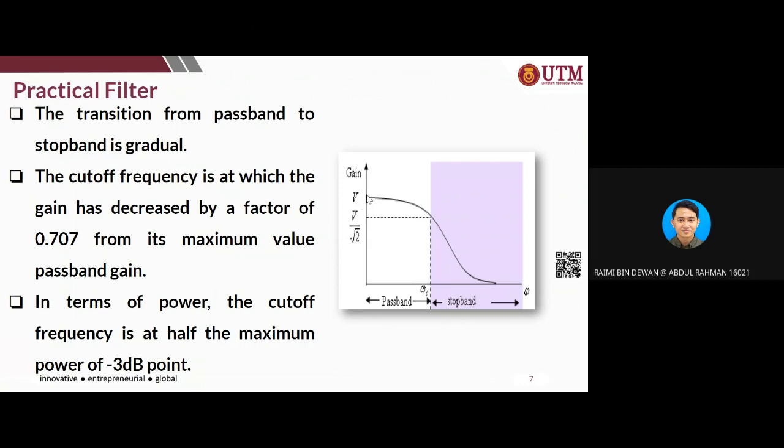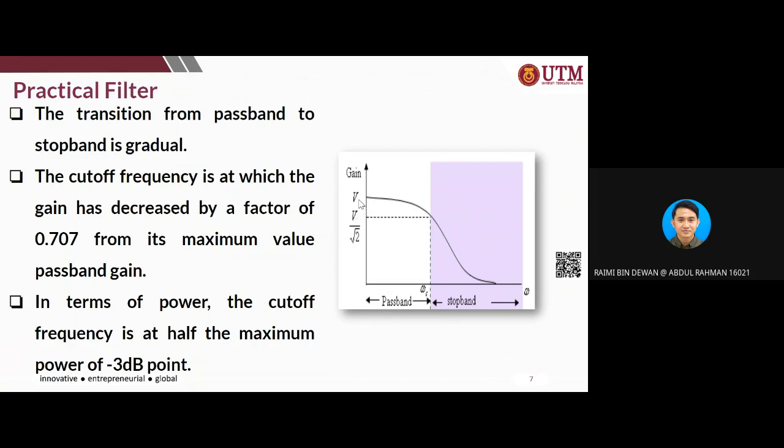Let's say we take this as 1. 20 log 1 will be 0 in decibel scale, and this would be negative 3 dB. However, this value is not fixed.